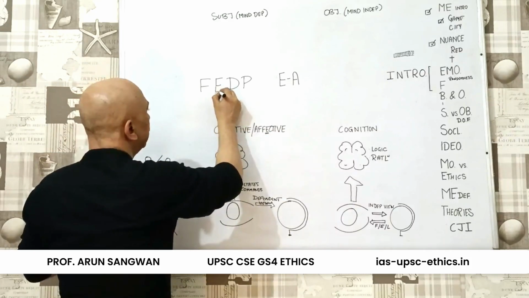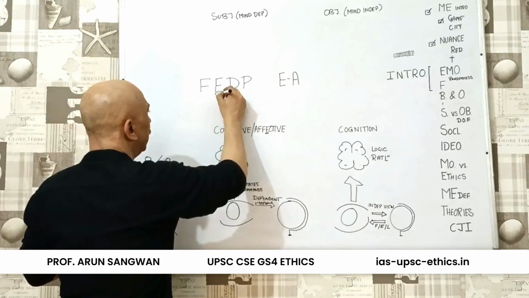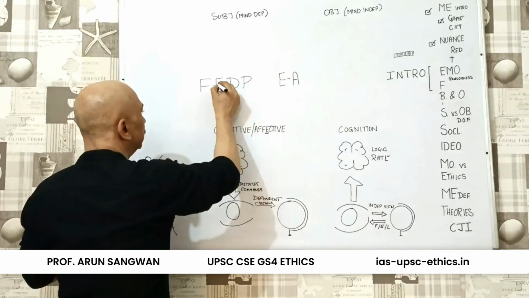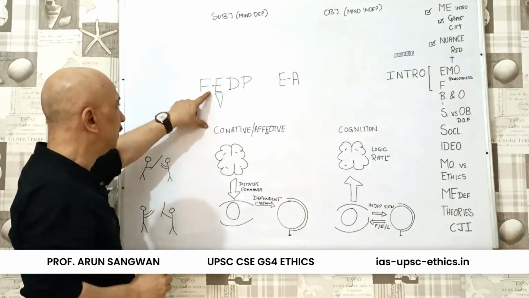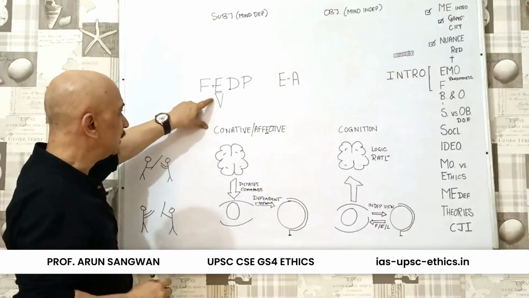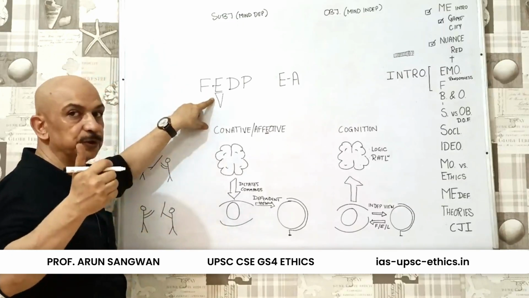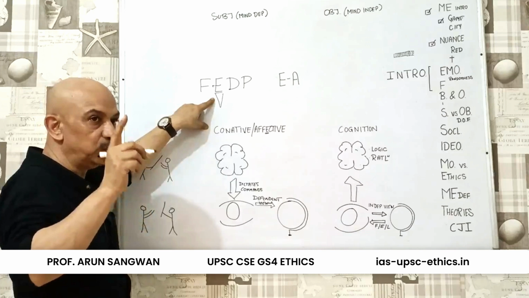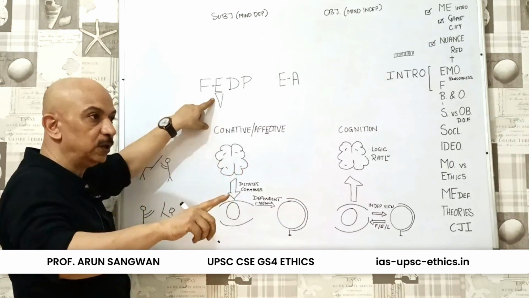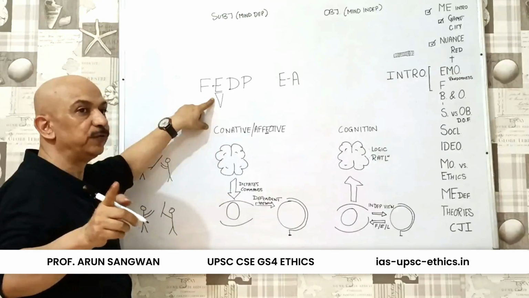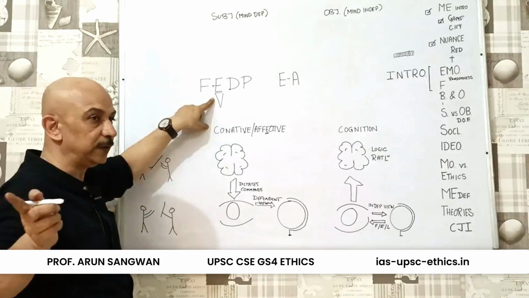E stands for the root emotions. I always told you, according to Paul Ekman, emotions are root emotions. It could be universal biological root emotion or universal root emotion of contempt. 6 plus 1.